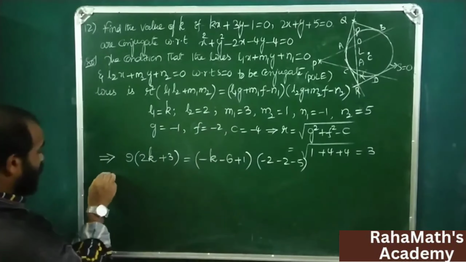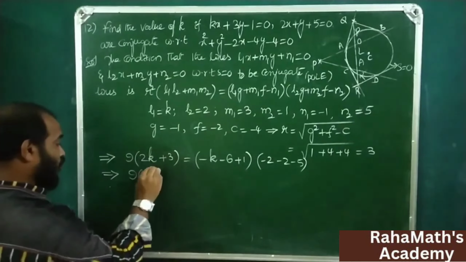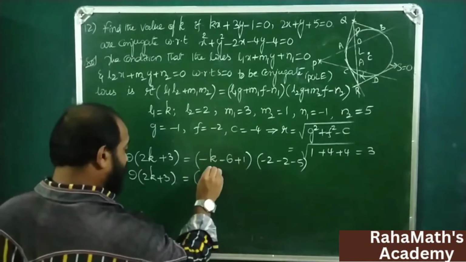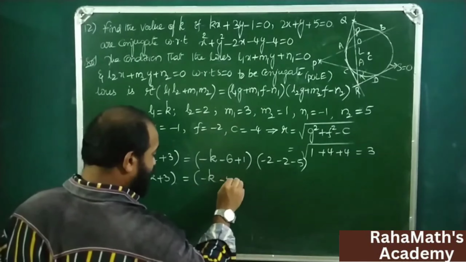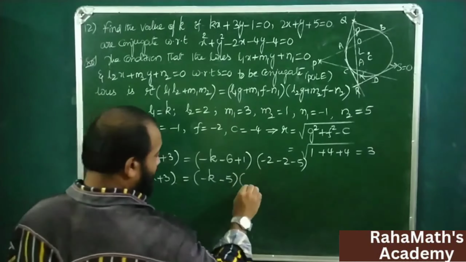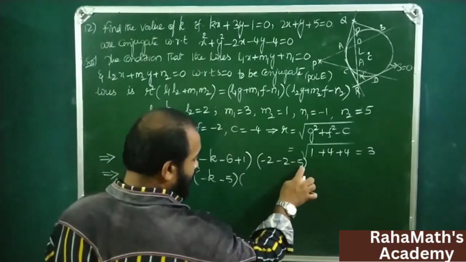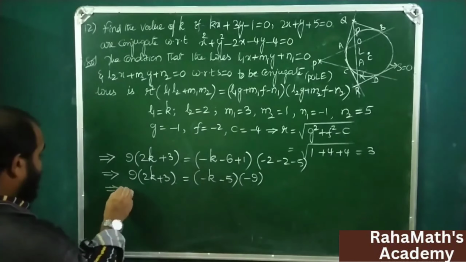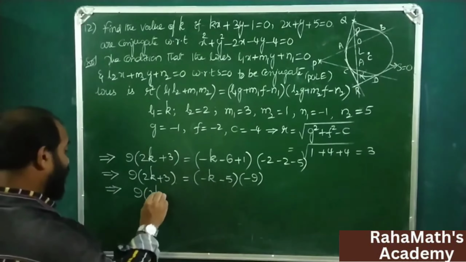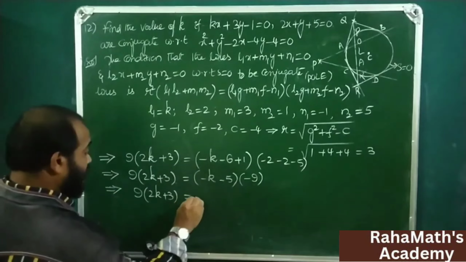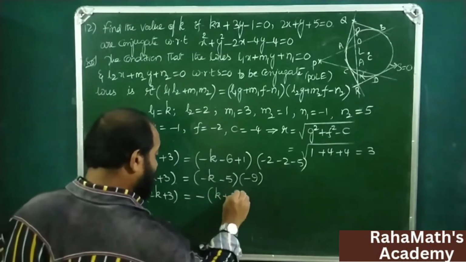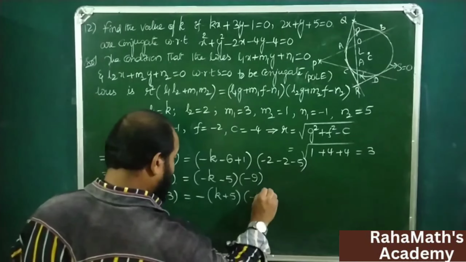So this is equals to 9 into (2k plus 3) is equals to minus k minus 5, this is minus 2 minus 4 minus 5. So totally this is minus 9. So 9 into (2k plus 3) is equals to, take minus as common, minus (k plus 5) into minus 9.